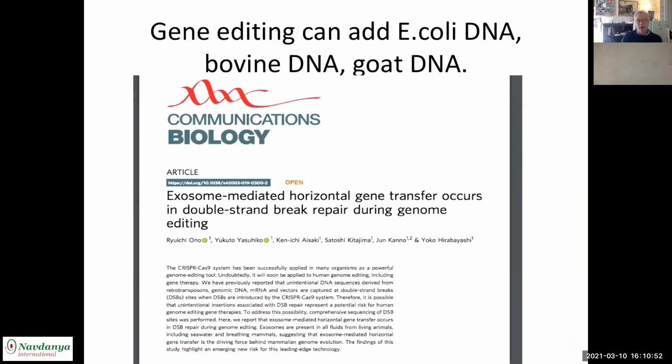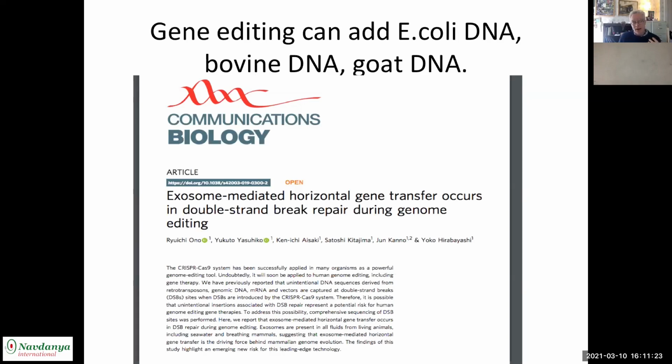This is a study done last year where researchers edited some mouse cells, and they then sequenced the DNA of the insertion sites. And what they discovered is that they had inadvertently added DNA from E. coli, which is a bacterium, DNA from a cow, which is bovine, and they'd also introduced DNA from goats.